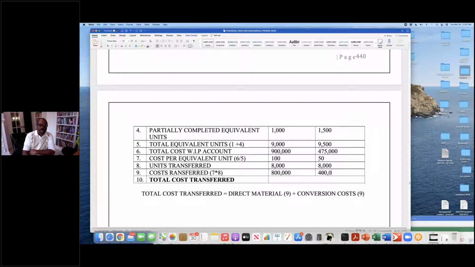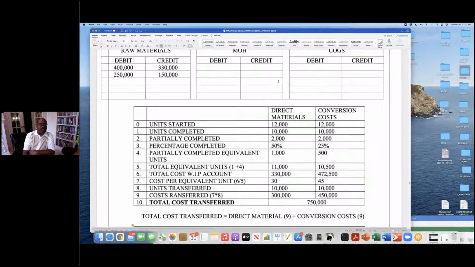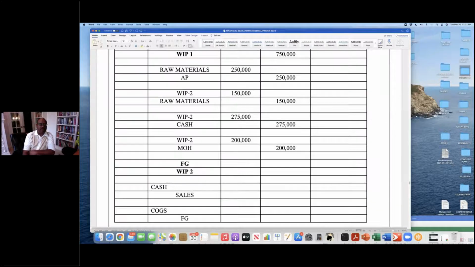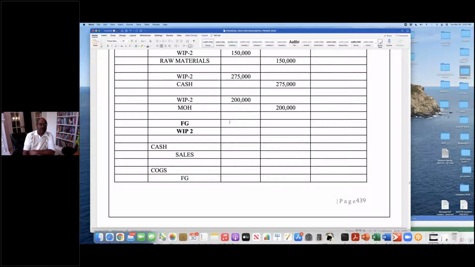What's our total cost going out? How'd you figure out that number, the 400,000? 8,000 times 50. That's right. Would it be 1.2 million? Sounds good to me. So the amount that goes in that journal entry is $1.2 million.